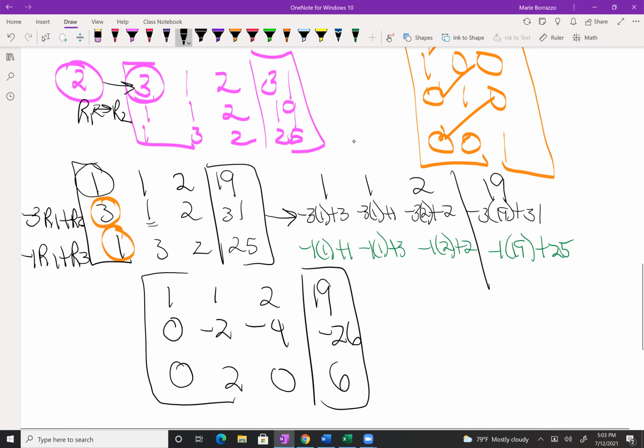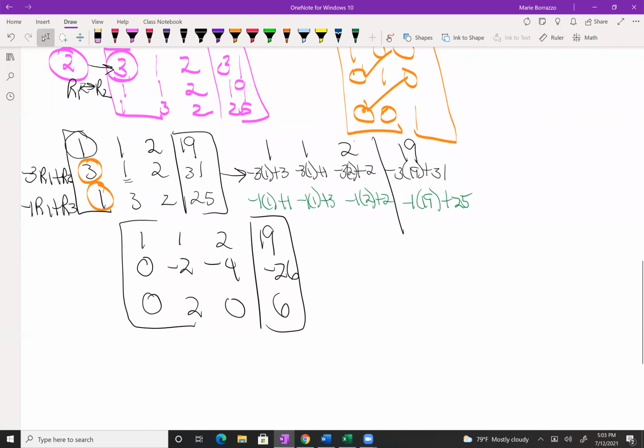That's your new matrix. Now, to do Gaussian elimination, my next point of interest is here. That has to be a 1. The easiest way I can make that a 1 and not really affect anything else is to do -1/2 times row 2.